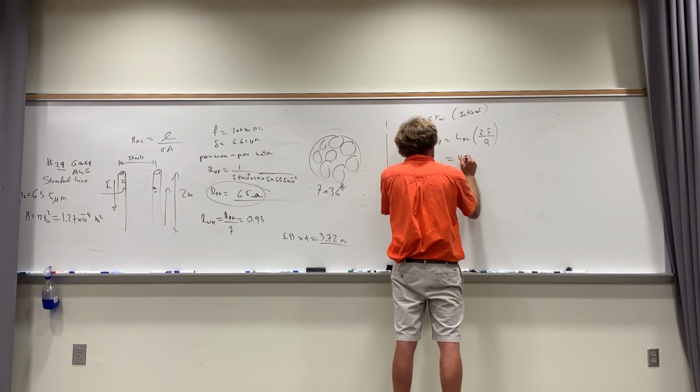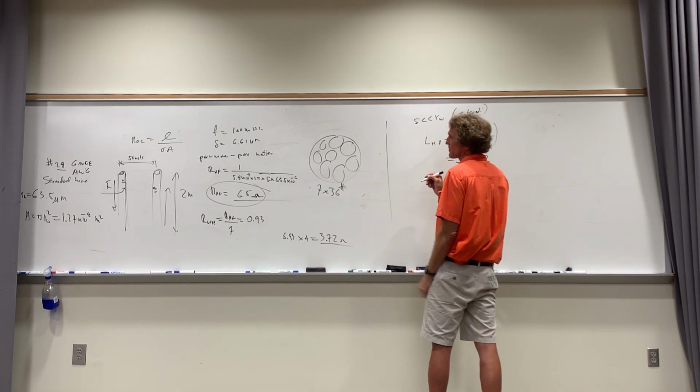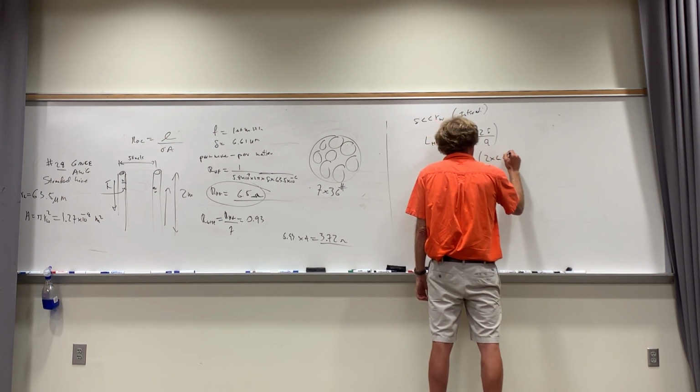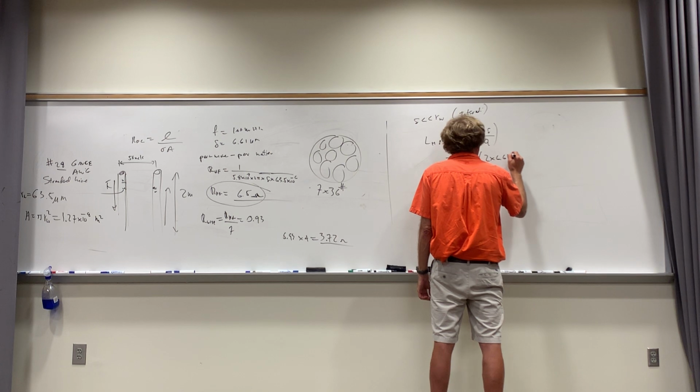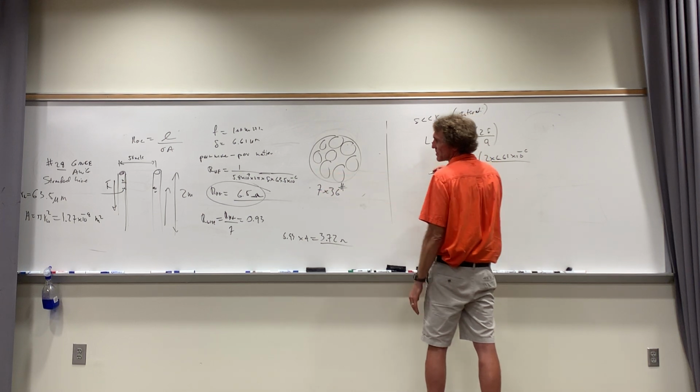So that's mu 0 over 8 pi, times 2 times the skin depth, and the frequency is 6.61 times 10 to the minus 6, divided by the radius, which is 63.5.